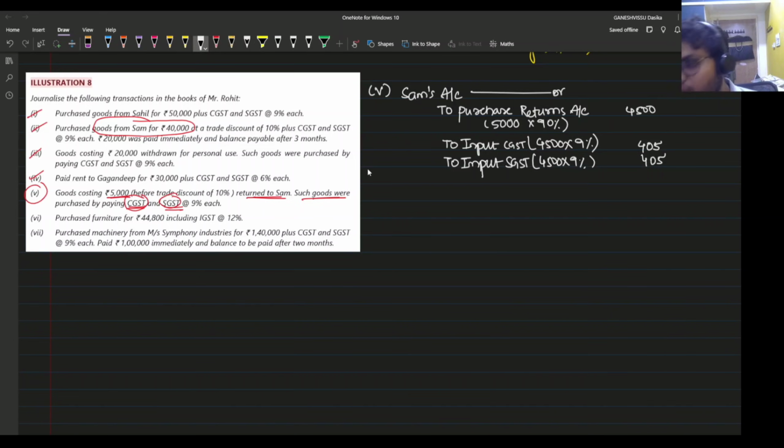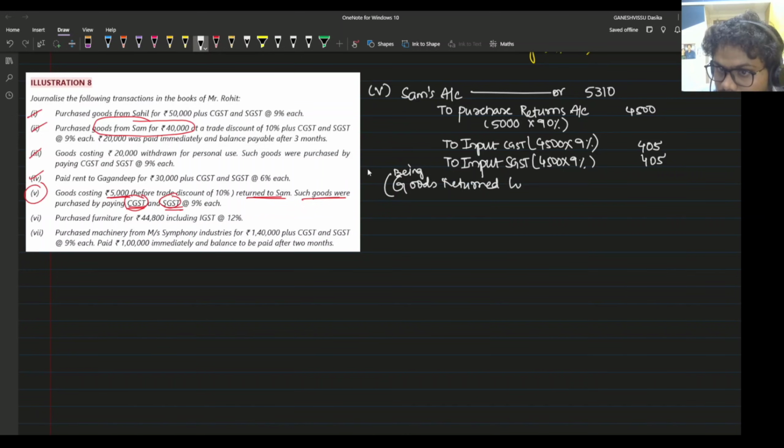So 405 multiplied by 2 plus 4,500, which would be 5,310 rupees, the total amount. Being goods returned to Sam.